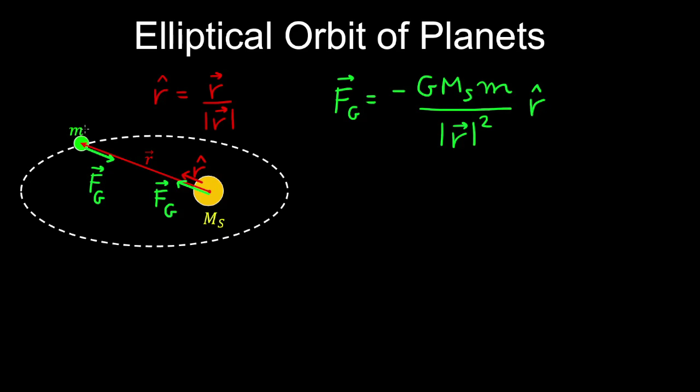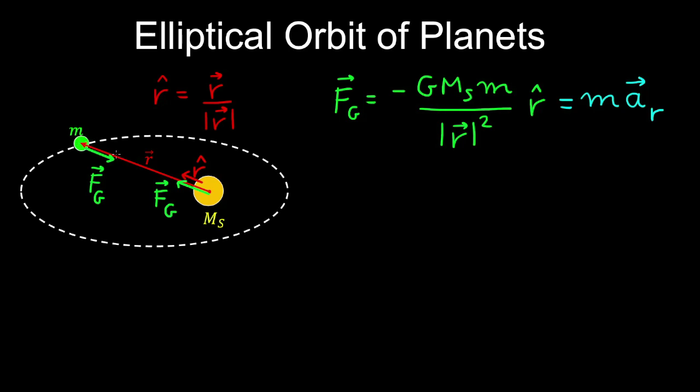So if we apply Newton's second law to the planet, then this force is the mass of the planet by the acceleration of the planet in the radial direction. So note that the acceleration acts in the same direction as the net force, and therefore there's no acceleration in the theta direction.